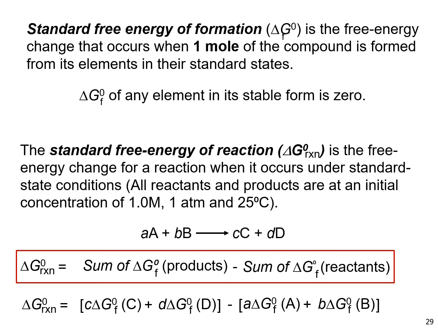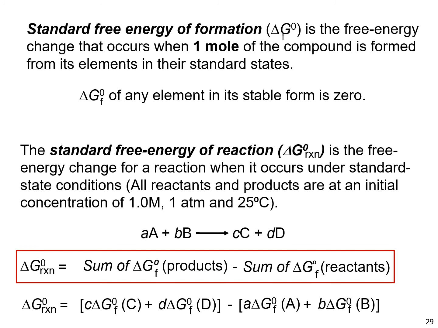Next thing we are going to talk about is the standard free energy of formation. Just as we have talked about standard enthalpy and standard entropy, we also have standard free energy. What is standard free energy of formation, which is depicted as delta G naught F? It is the free energy change that occurs when 1 mole of a compound is formed from its elements in their standard state.